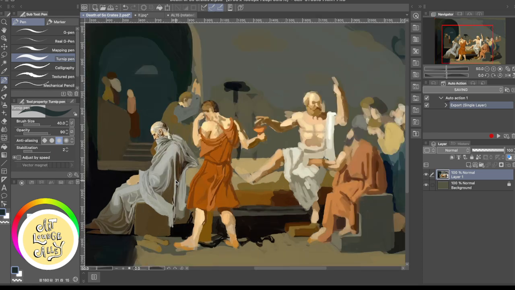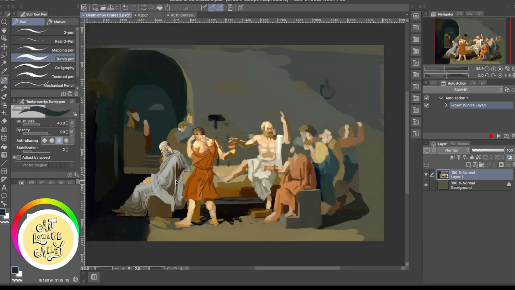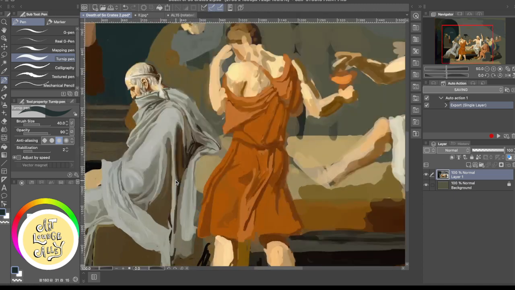I'm going to say this is accurate. It's really tricky, and it's a really important stage to get this accuracy.